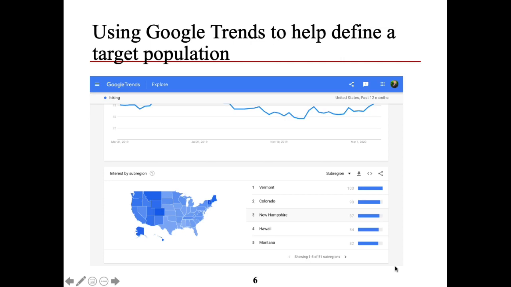So Google Trends can really help with that. I encourage you to look at Google Trends. If you're using this for your project, it may help you identify some things maybe you weren't thinking about before, but Google Trends is really good whether it's for marketing research purposes or marketing campaign purposes. I highly recommend looking at Google Trends.